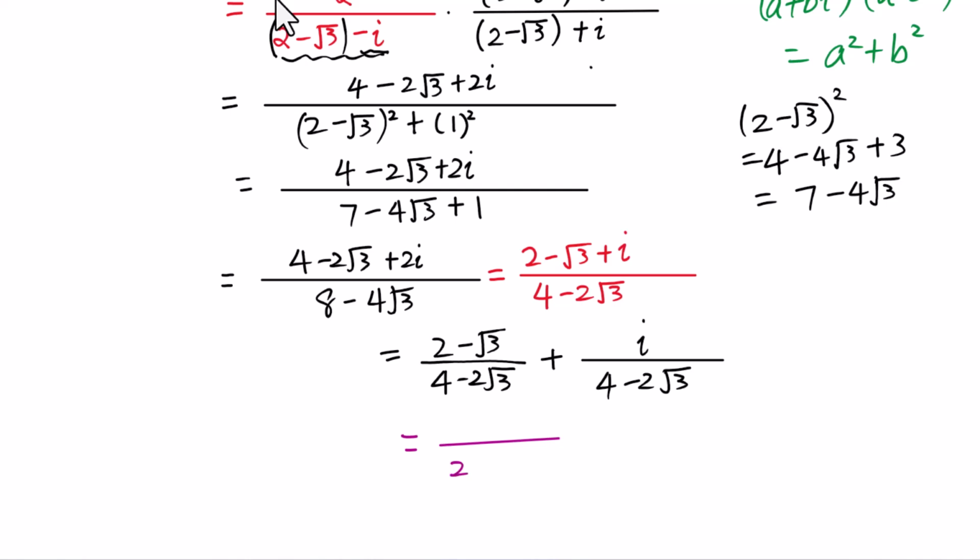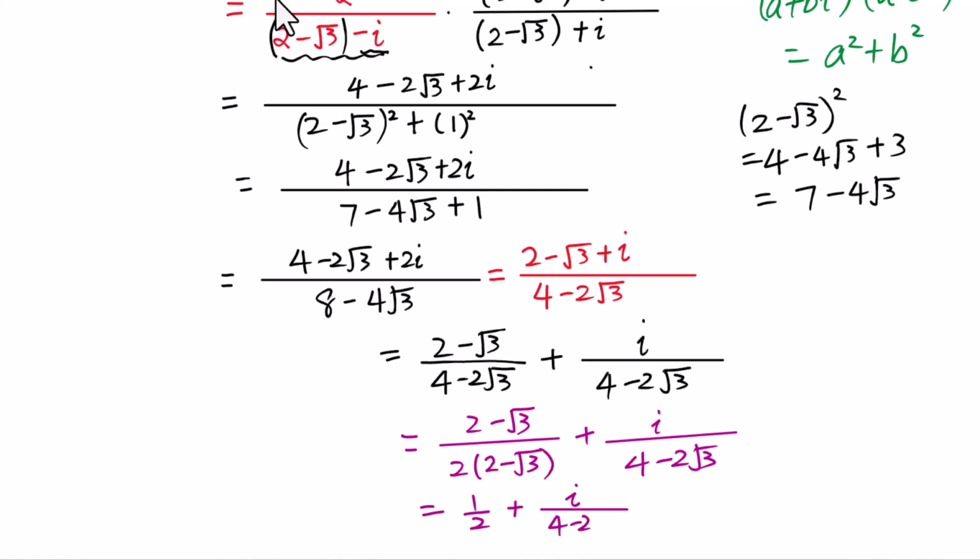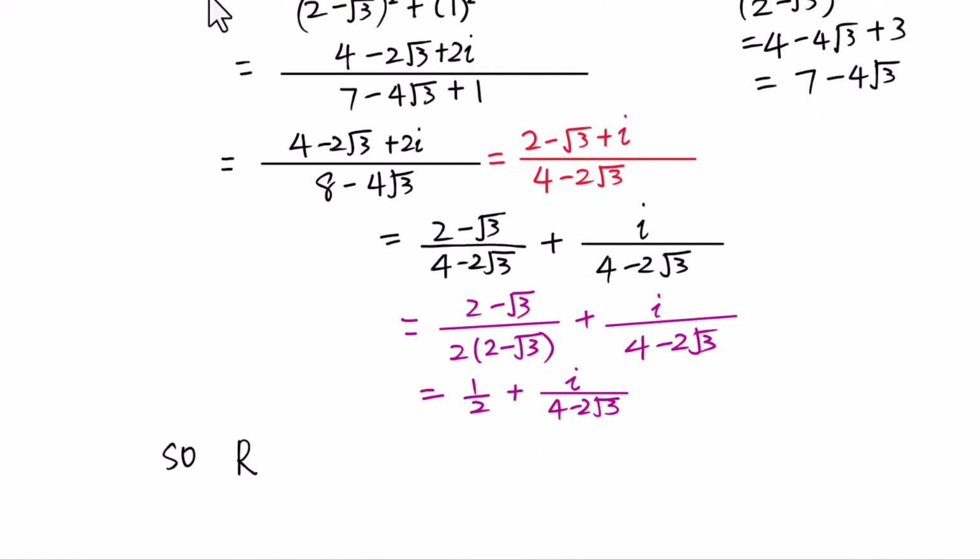The common factor is 2: 2 minus the square root of 3 over 2 times (2 minus the square root of 3), plus i over 4 minus 2 square root of 3, equals 1/2 plus i over 4 minus 2 square root of 3. So the real part of alpha equals 1/2.